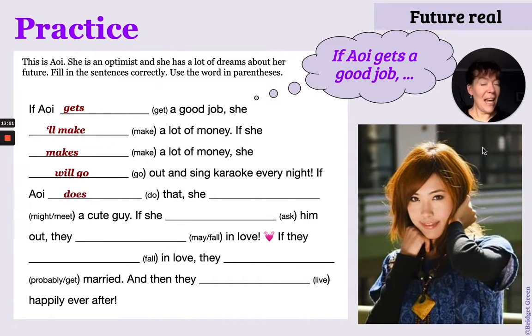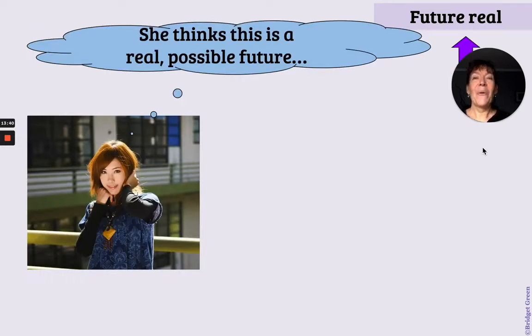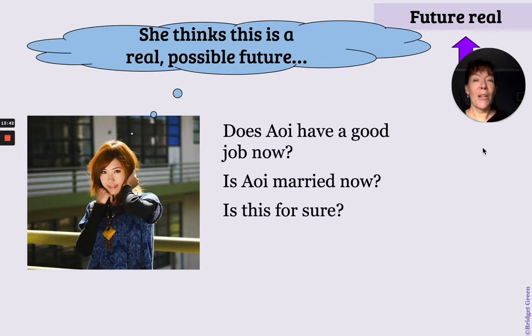If Aoi does that, she might meet a cute guy. If she asks him out, they may fall in love. And if they fall in love, they will probably get married. And then they will live happily ever after. Okay, remember, she thinks this is possible.